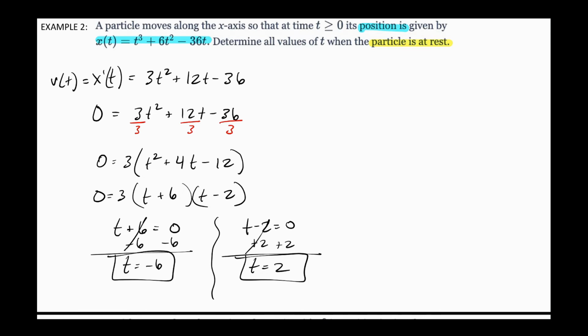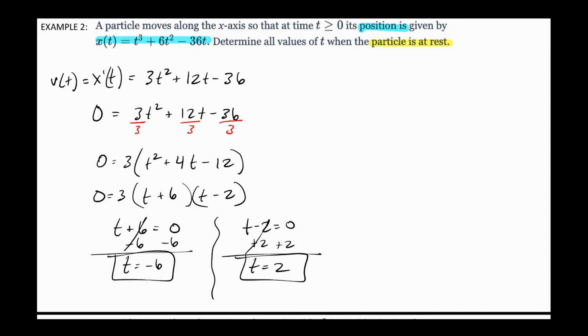Okay, so let's go back to the question. I haven't answered the question yet. Determine all the values of t when the particle is at rest. What's my answer? Negative 6 and 2.